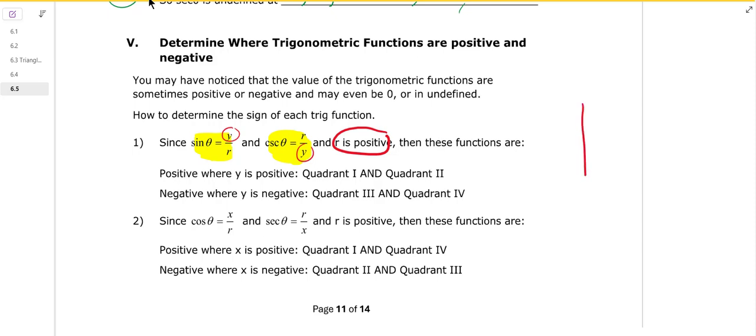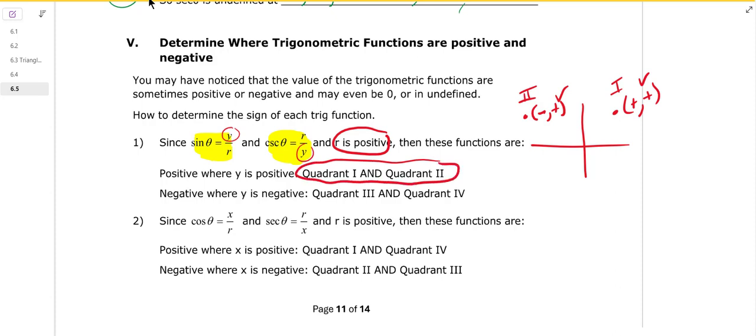And if you think about the way quadrants go, if you're up in quadrant 1, you're going to have a positive x and a positive y. If you're in quadrant 2, you're going to have a negative x and a positive y. So that means you're going to end up having a positive sine and cosecant in quadrant 1 and quadrant 2.